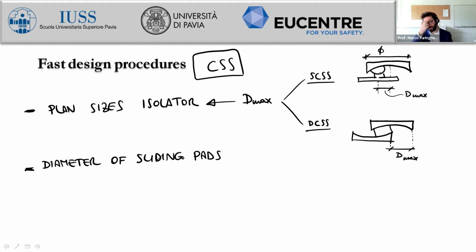And finally, the very last geometrical quantity is the diameter of the internal slider. This information applies to both these typologies of devices, and it is directly related to the real response of the sliding material which is adopted, because generally we know that the isolator is subjected to a vertical load.